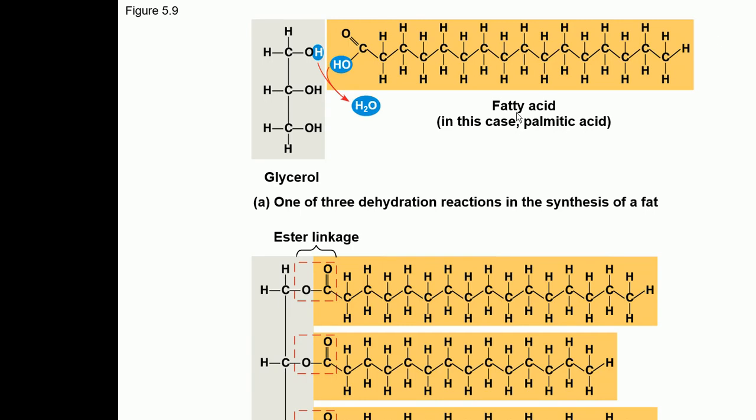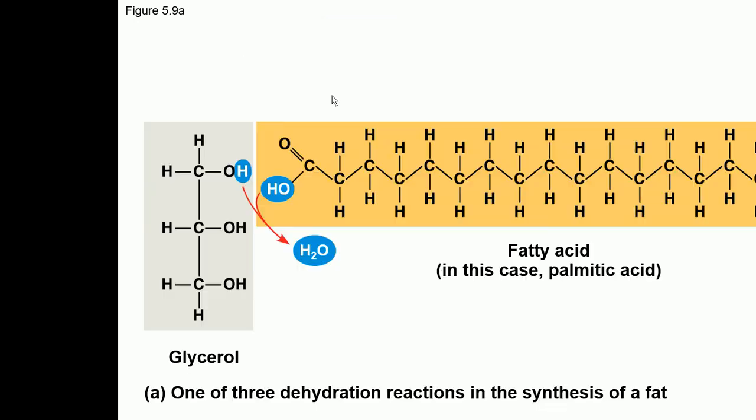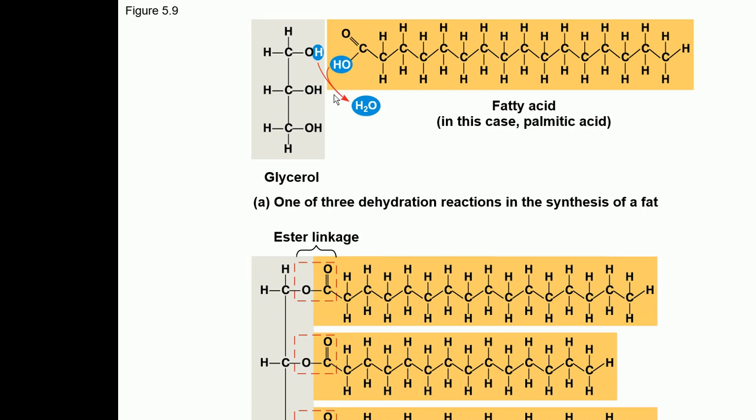So you can see here, this is glycerol. There are 3 carbons, 1, 2, 3, and to every carbon is attached a hydroxyl group. And here, this is the first hydroxyl group, this is second, this is third.